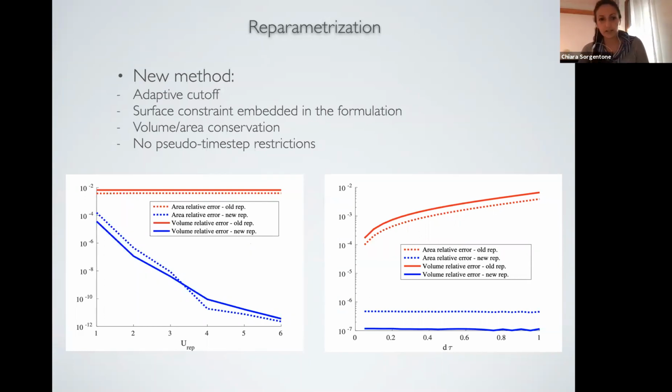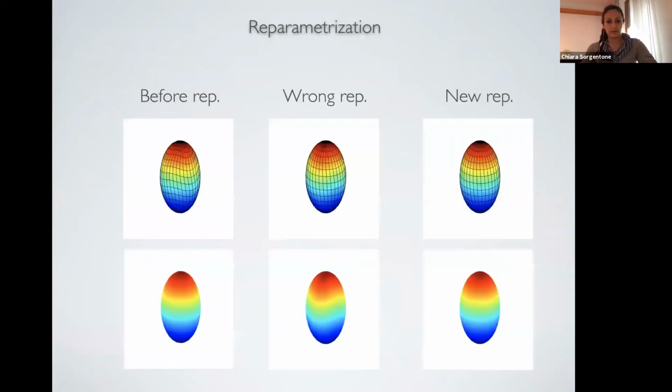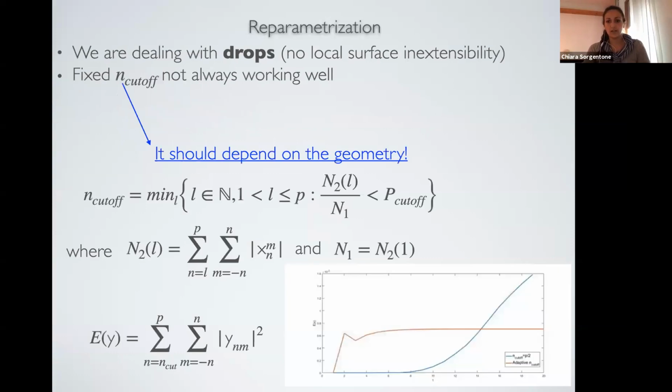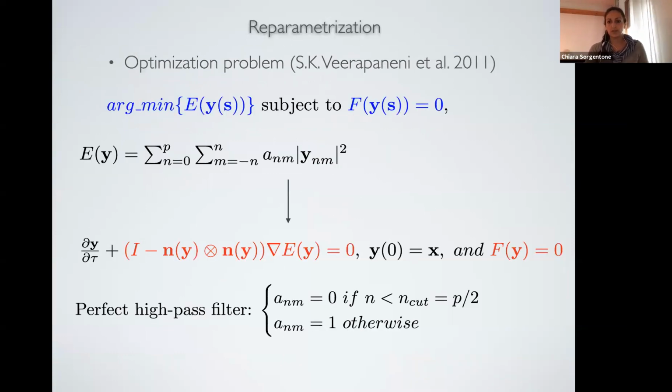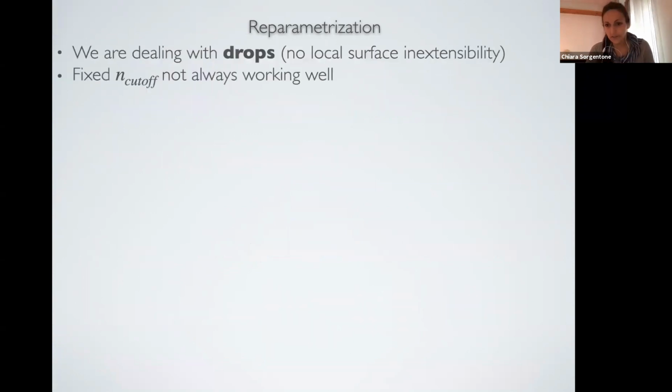And moreover, thanks to this, the surface constraint is naturally embedded in the formulation, because if we go back to the formulation here, this condition, we have this constraint that says we want to move the points tangentially to the surfaces. But since we are now using the spherical harmonic representation, this is naturally embedded in the formulation.